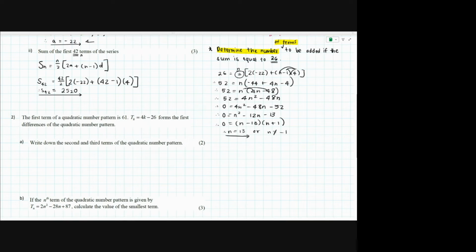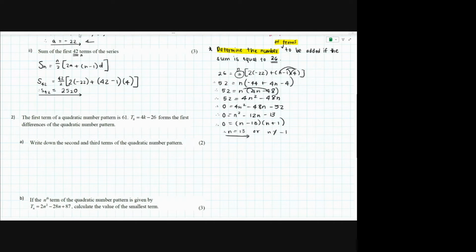Okay, before I carry on, Kelebogile? Ma'am, I'm lost. I need to know where you're lost. The one that we're doing with the 26, I mean. Okay, where exactly are you lost? How did you get there? Is it minus 48? Yes.